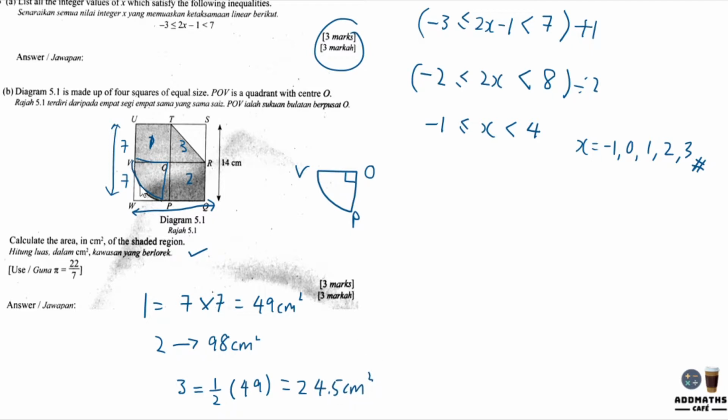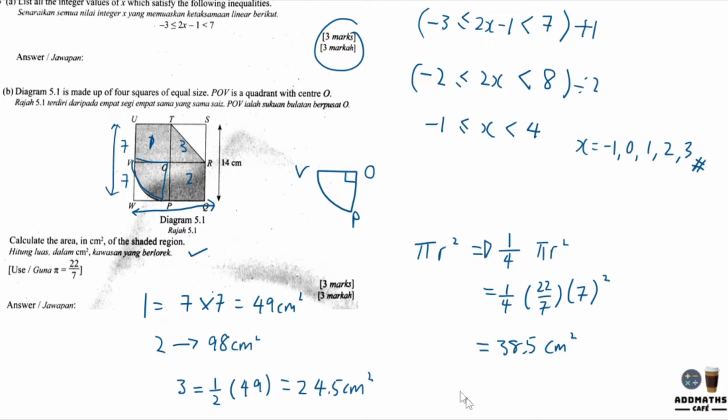Now, you are required to calculate the quadrant of the circle. A circle will be pi r squared. So a quadrant of a circle will be 1 over 4 pi r squared. So what is r? What is pi? Pi is 22 over 7. R is the radius, 7. If you use a calculator, you will get 38.5 cm squared.